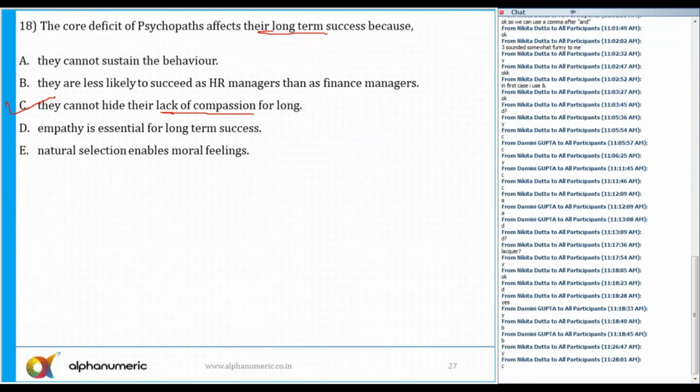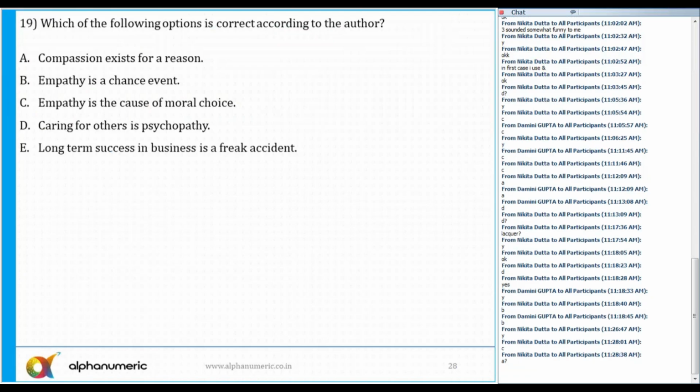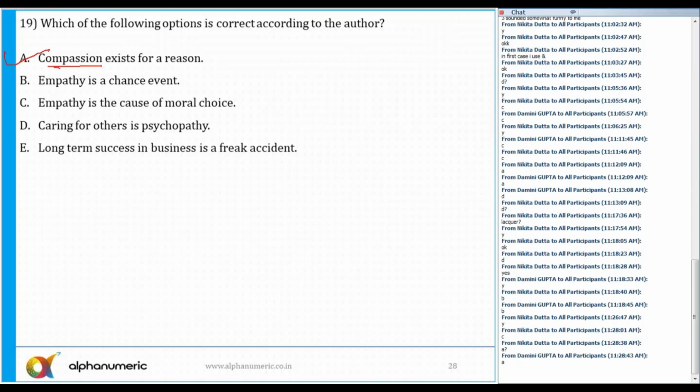Question number 19. Which of the following options is correct according to the author? I think A. Yes, compassion has not come to us as an accident. Compassion exists for a reason. Empathy is a chance event? We don't know, he does not believe that. Empathy is the cause of moral choice?